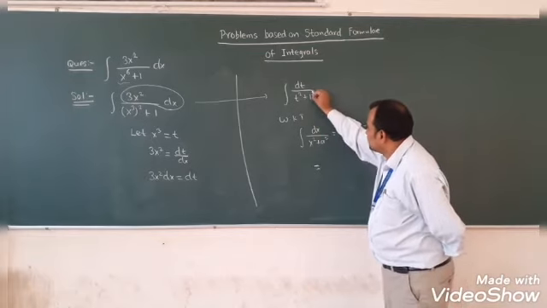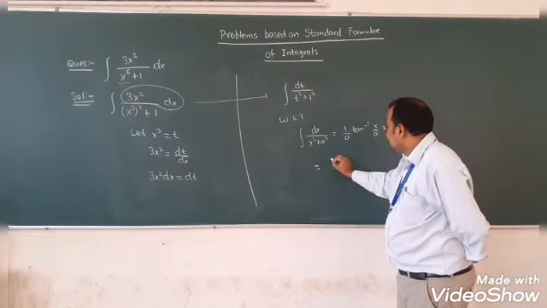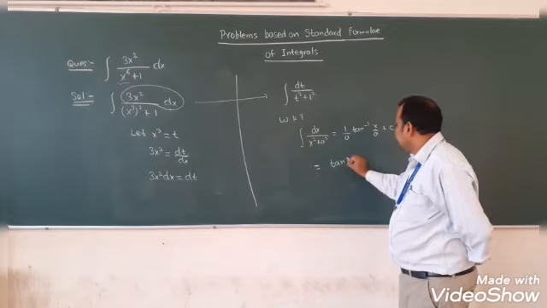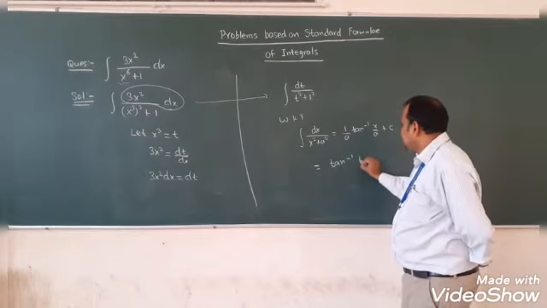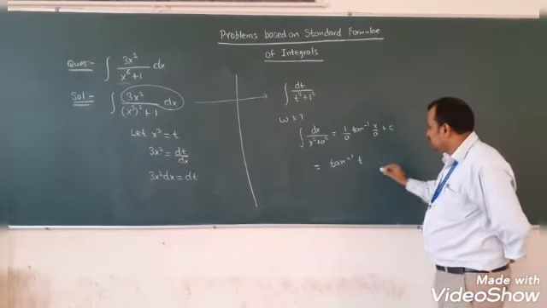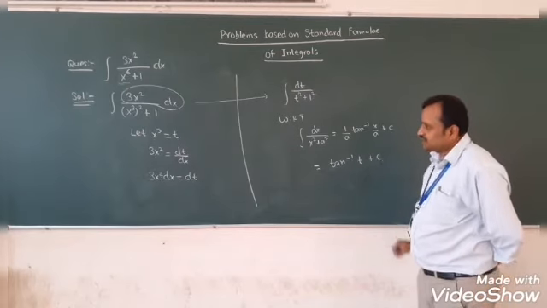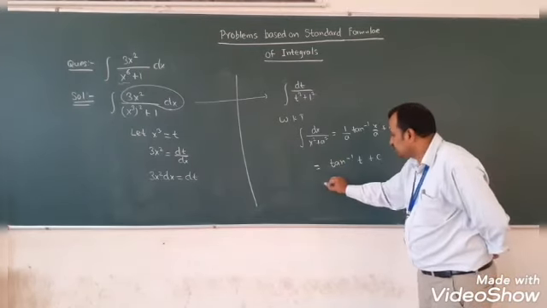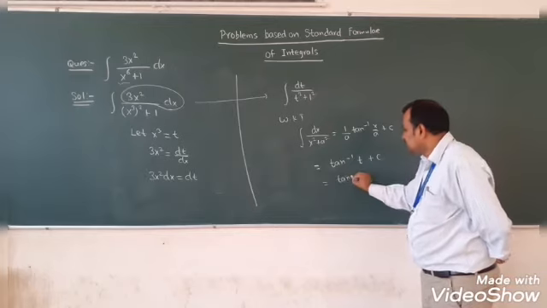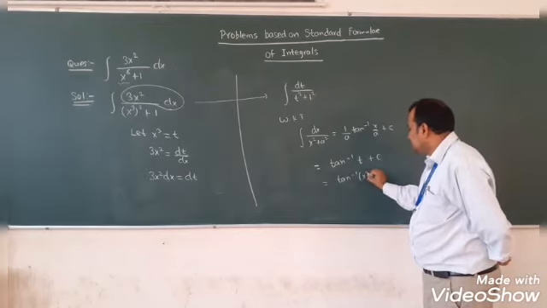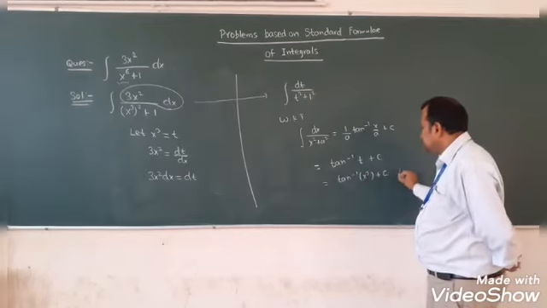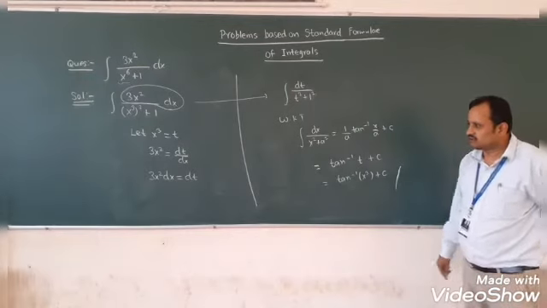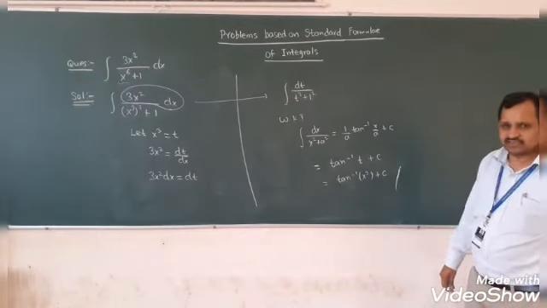A is nothing but 1 only. So here I can say tan inverse x, x is nothing but t, and a is nothing but 1, plus c. But t is what actually? T is nothing but x cube. So the answer of this question is tan inverse x cube plus c. So this is the required answer. I hope the solution is clear.